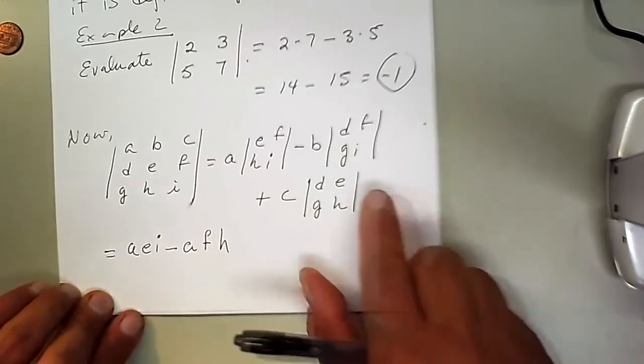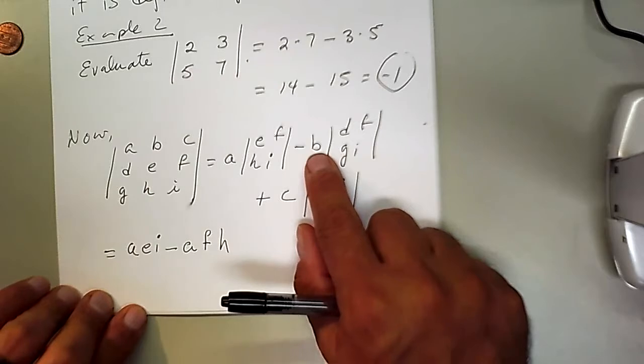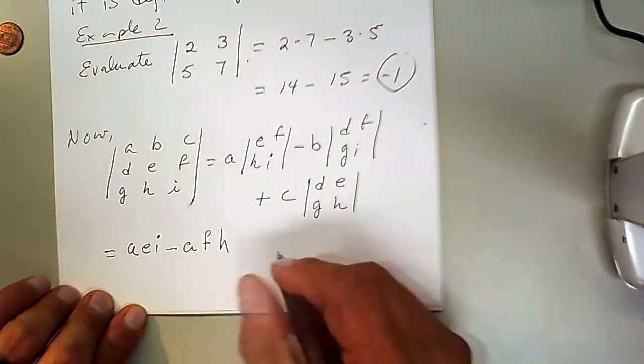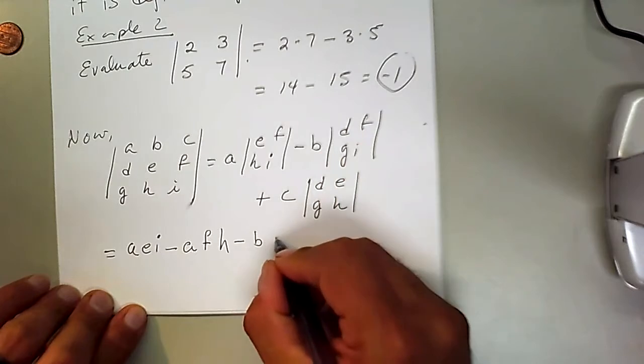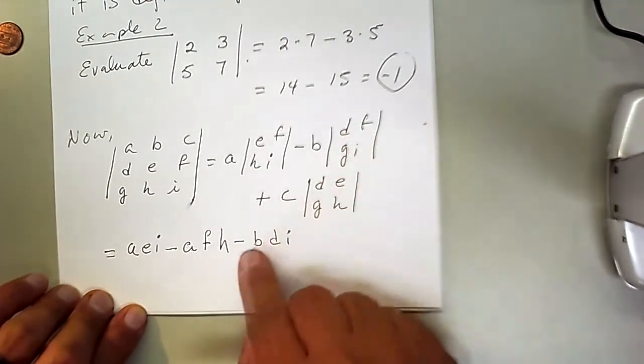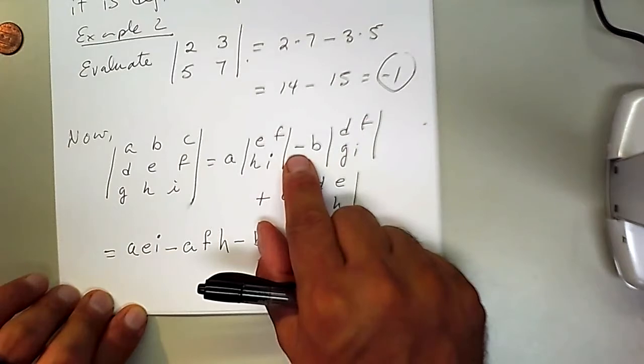All right, and the same thing will happen here. B times DI minus B times DI. Now, the reason why we have a minus is because this has a minus.